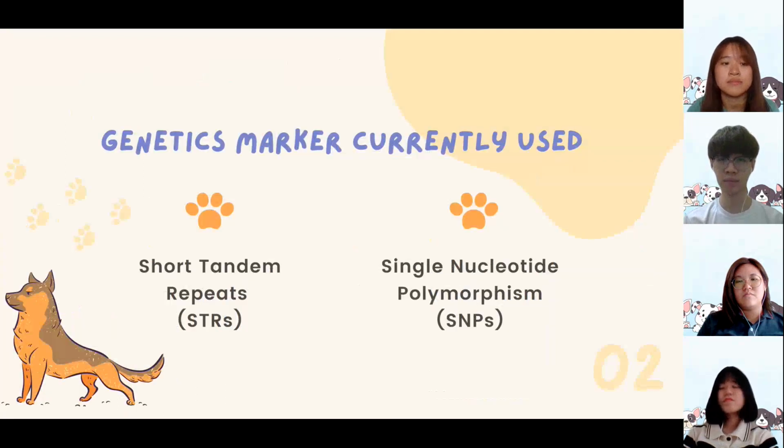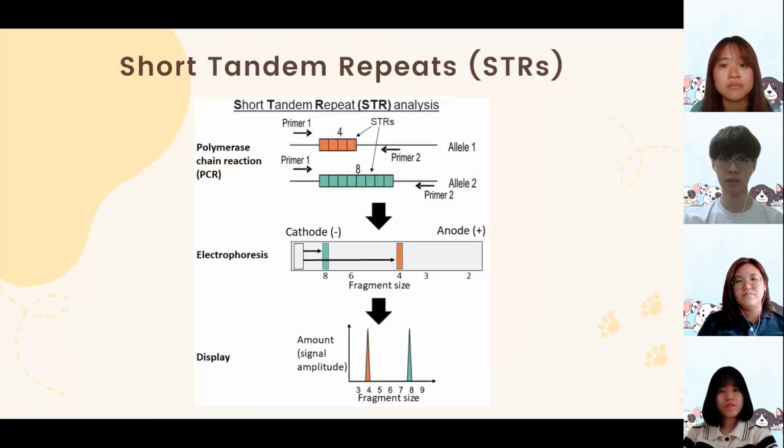There are two genetic markers currently used, which are short tandem repeats, STRs, and also single nucleotide polymorphisms, SNPs. STR analysis is a widely used technique in forensic genetics for DNA profiling.